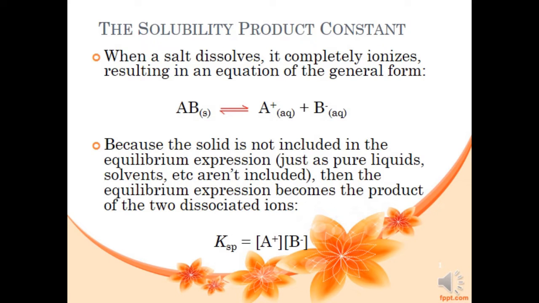Next we will continue with the solubility product constant, Ksp. When a salt dissolves, it will ionize into ions. Look at this general equation for a salt. When it dissolves, it ionizes into the cation and the anion that make up the salt.